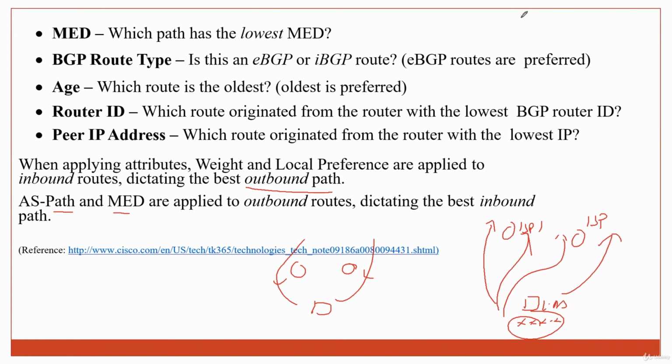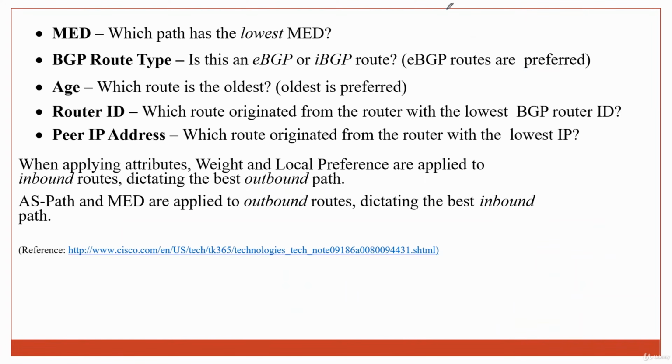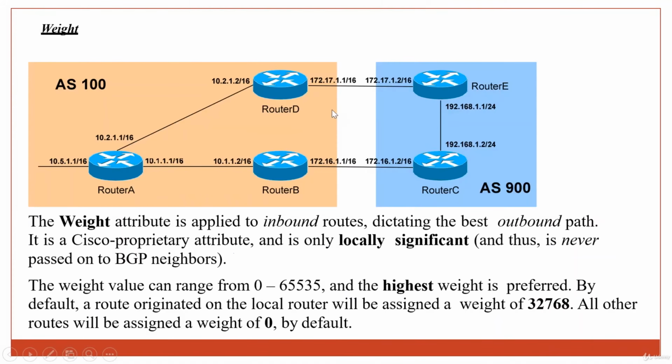Obviously I'll clarify these terms in the upcoming lab, and we are going to check the scenarios as well. So here you can see one scenario: you have one route, for example 192.1.1.0, that router D is also getting, router B is also getting.